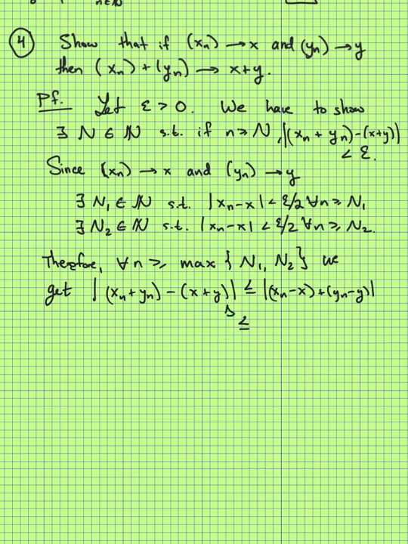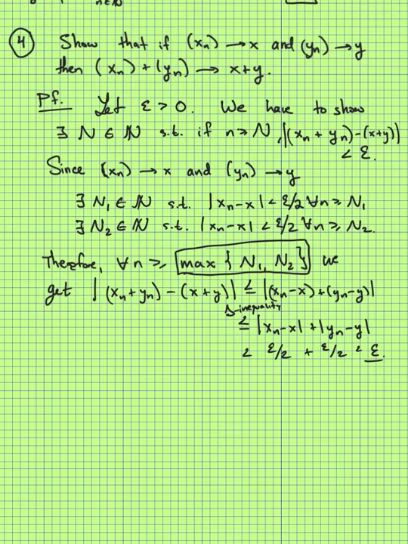Now, by the triangle inequality, this is less than epsilon over 2 plus epsilon over 2, so less than epsilon. Okay? So therefore, this max, which I could have called N3, is the value that we have to choose to get the sum within epsilon.